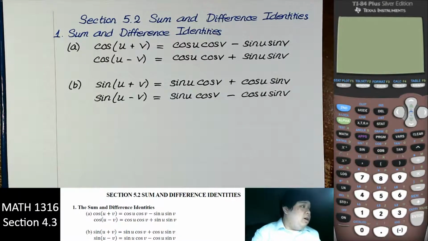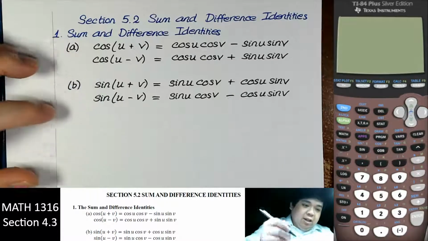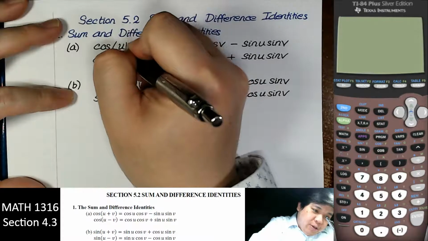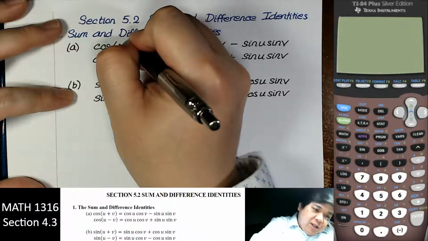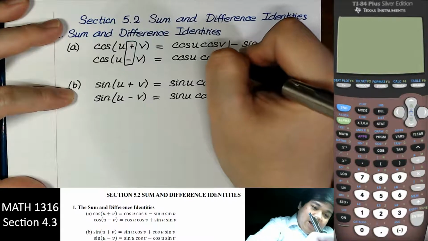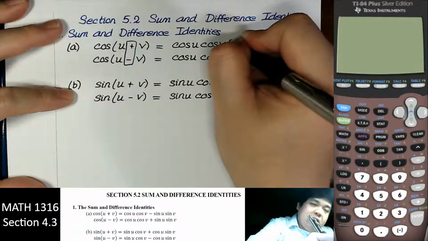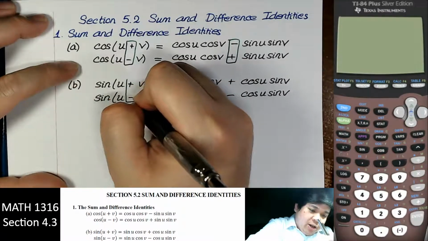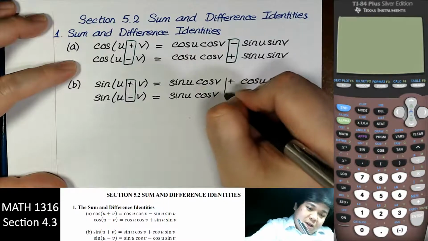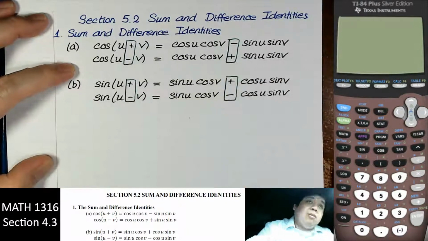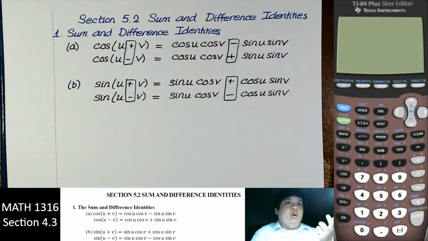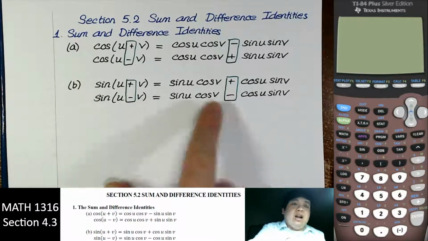So before we go any further, note that for cosine, here we have the sign of plus and then minus, and this is minus and plus. For the sine of a sum and difference, plus or minus, we stay plus or minus. So that's the first thing different between these two. For cosine, the sign in the middle will be different, will be opposite. For sine, the sign will be the same.